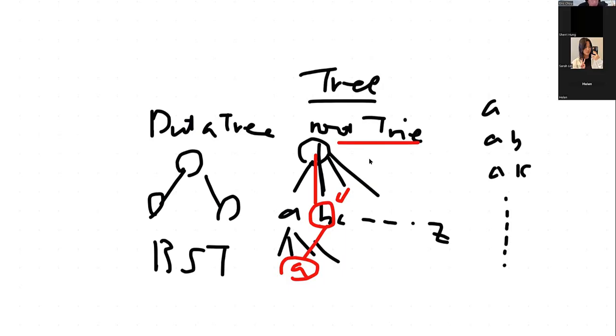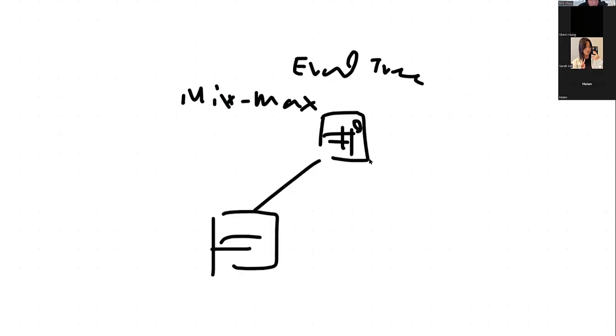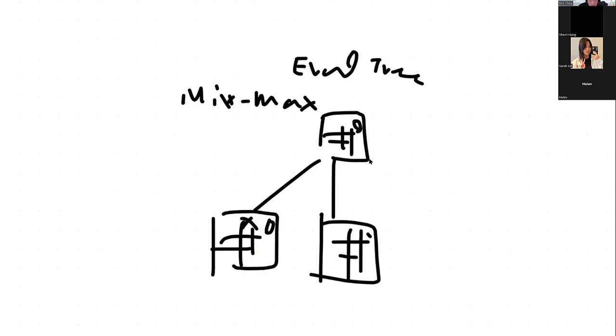This is the data tree. Besides the data tree, you have the so-called evaluation tree. A typical evaluation tree is the min-max tree. Min-max tree means that you evaluate your tic-tac-toe game. So here you put a circle here, and next one you may have circle and then cross right here.